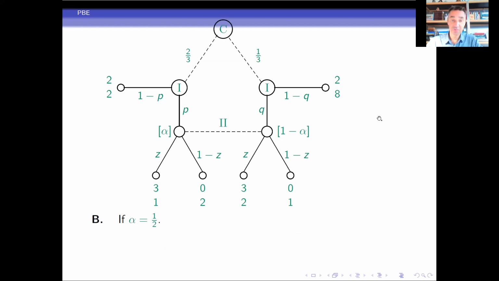So we're going now to cover the case where alpha is a half. Sequential rationality in this information set of player 2 says that then player 2 is indifferent, so any z is fine, right? So everything is a best response, so that does not really pin down anything. But what we are going to do now is to look at the cases.